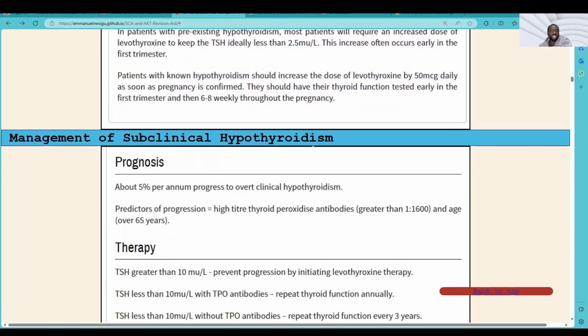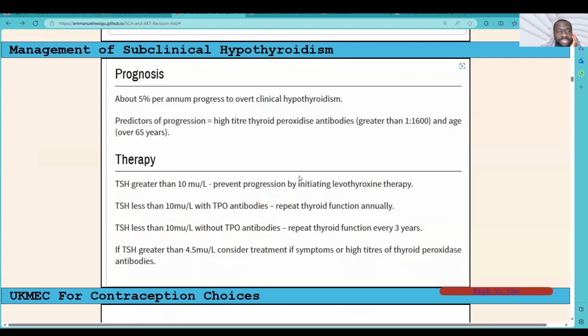And management of subclinical hypothyroidism. About 5% per annum progress to develop overt clinical hypothyroidism. The predictors of progression are high titer TPO, thyroid peroxidase antibodies, and age over 65.